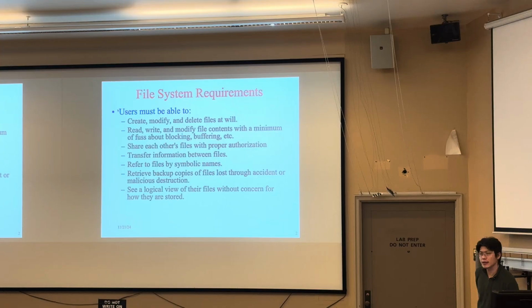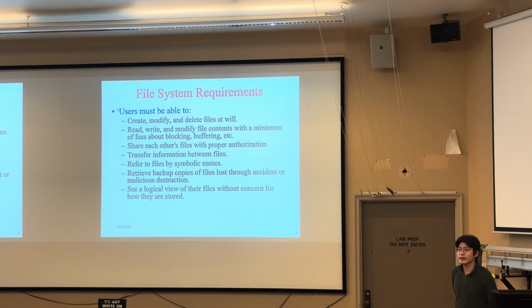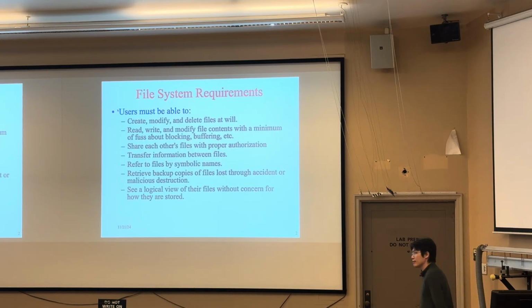Yes, that is correct. From a user perspective, it's very easy to understand. It's organized in a tree structure. Your file system looks like a tree, and every internal node of this tree is a folder or directory.